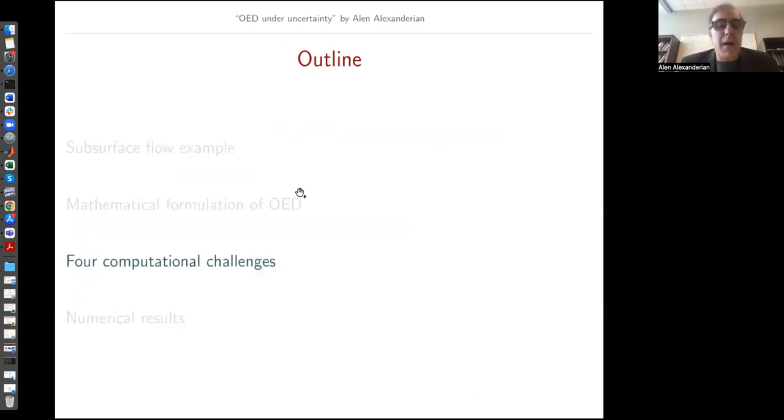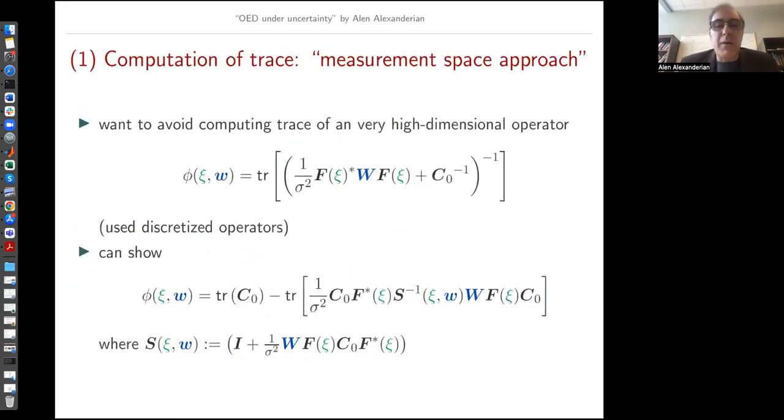But now, how do you do it? Well, one thing is that this trace of the covariance operator is going to be a very high dimensional operator. As you see, I've already discretized. I'm using matrices here. But the dimension of that matrix could be quite high, because it depends on how many degrees of freedom I have on my computational grid.